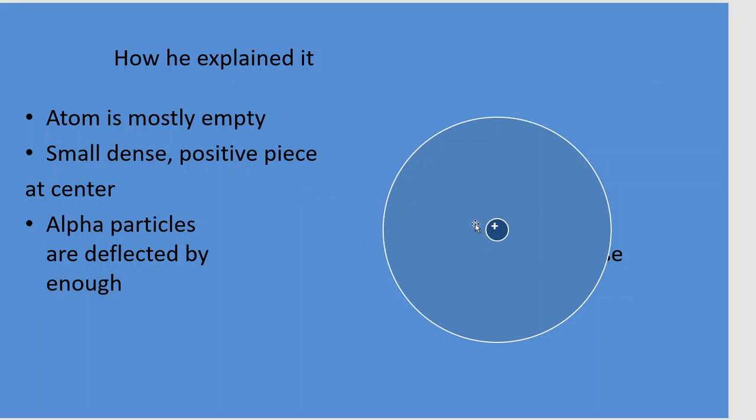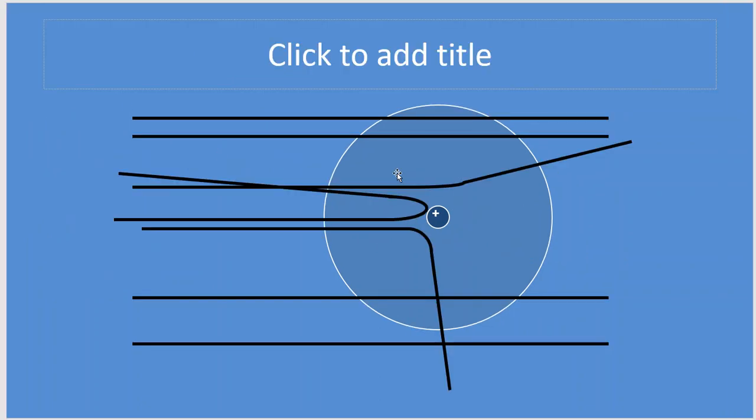And sometimes they might bend way back. Most of the particles went through because that positive center of the atom is very small. So most of the beams just went straight through unaffected, but there were a few that were affected.